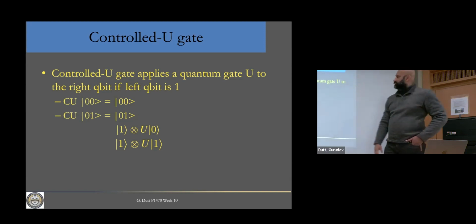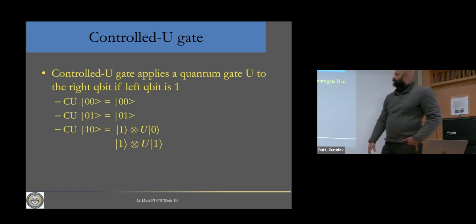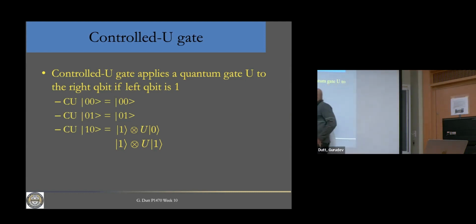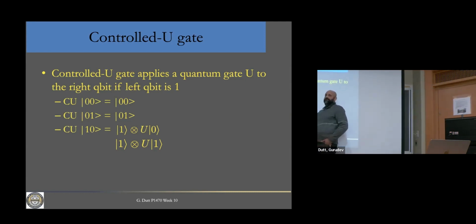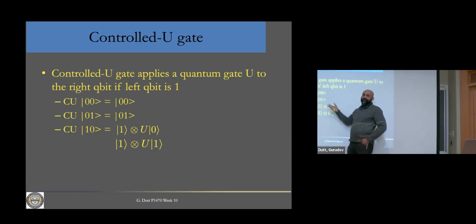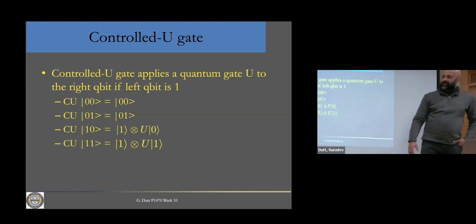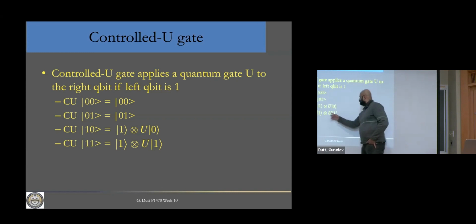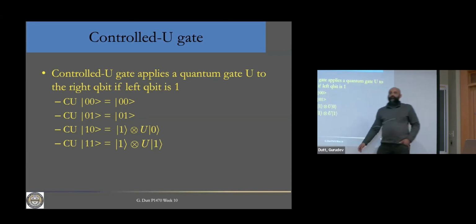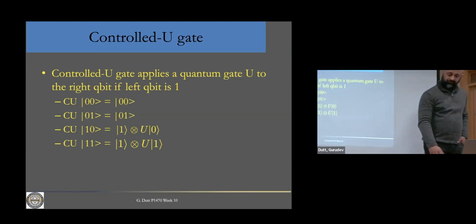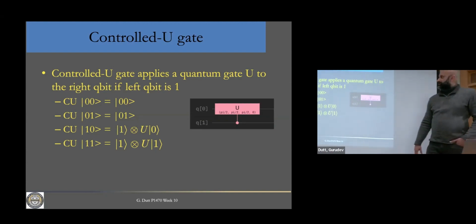Similarly, CU acting on 01 will give me the state 01, but CU acting on the state 10 will keep 1 the same, but take the gate U and apply it to the right qubit. Similarly, it'll take 11 and apply U to the right qubit, which is in the state 1. That will be the action of this gate.